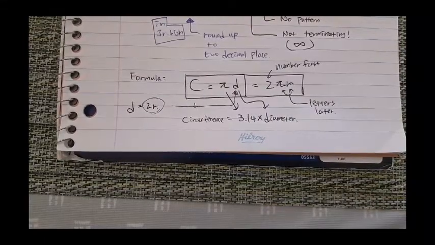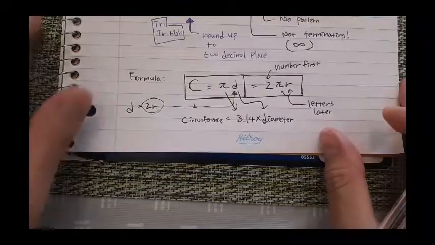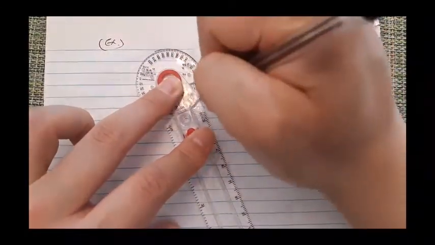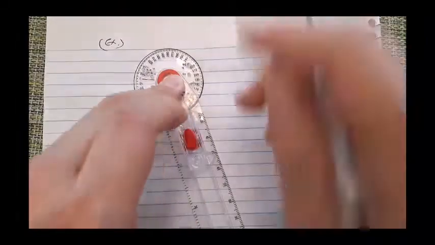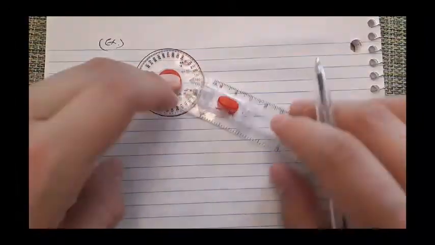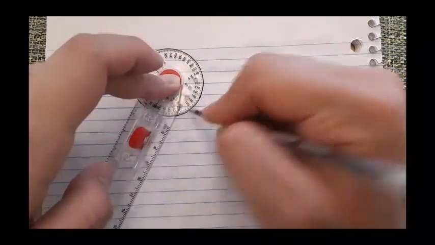So how can I use this formula in a question? Let's do some examples. I'm gonna do some classic examples. Why not? I'm gonna draw this circle again. If you have any other circular object, feel free. There you go.